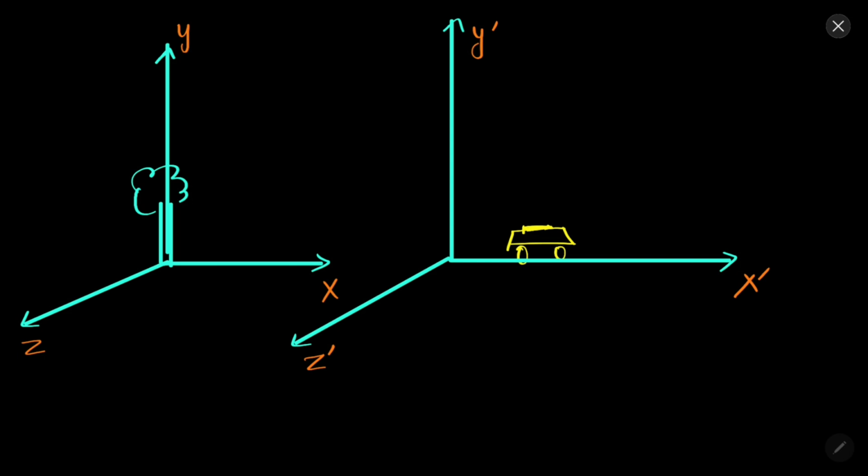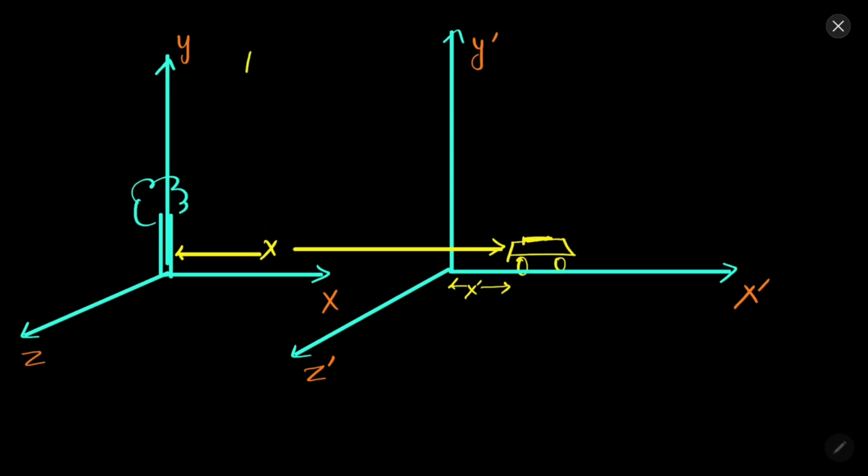Now let's say that the distance of the car from the first axis, the first frame of reference, is x, and the distance of the car from the second axis is x dash. So this is the situation that we have right now.